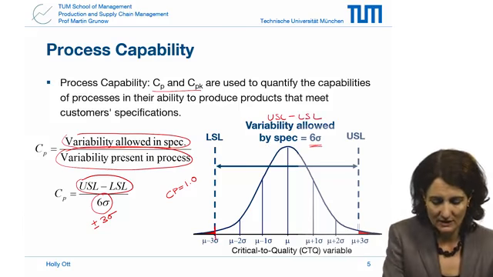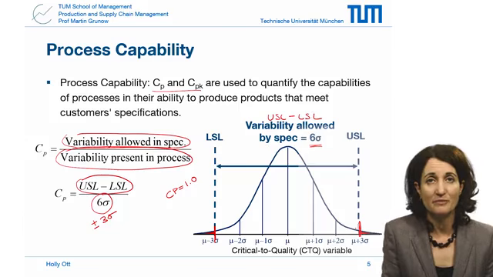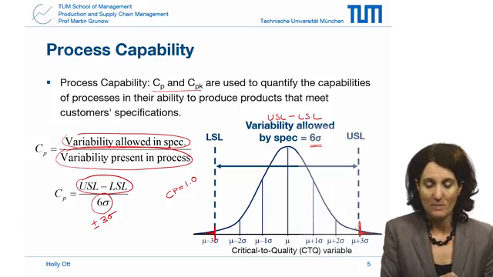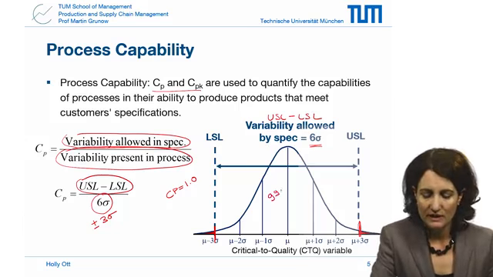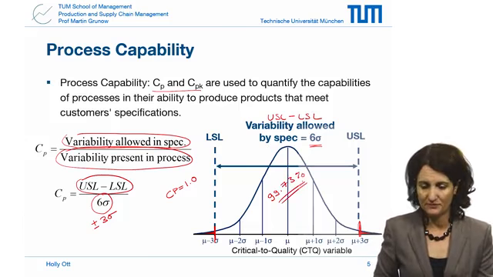So you can see here that means that the upper and lower spec limits are exactly matching the plus or minus 3 sigma point. And this means, as we learned before, that we have a 99.73% probability that our random variable will lie between those two specification limits.